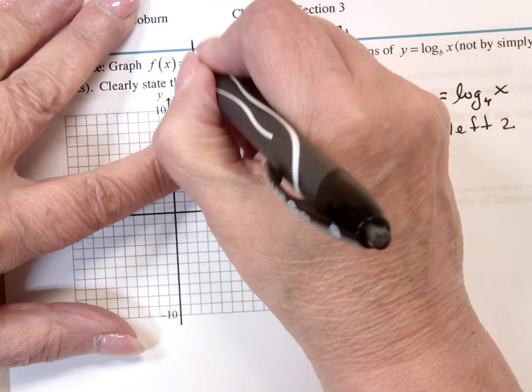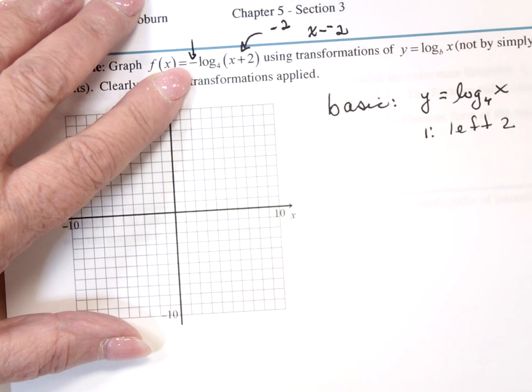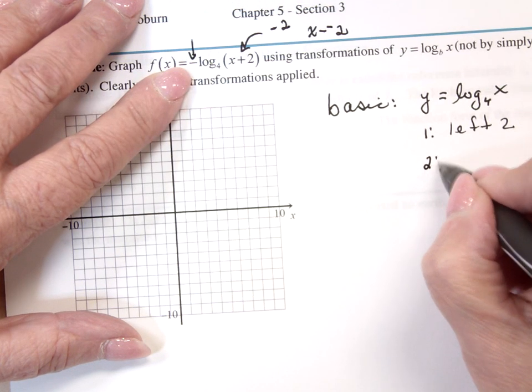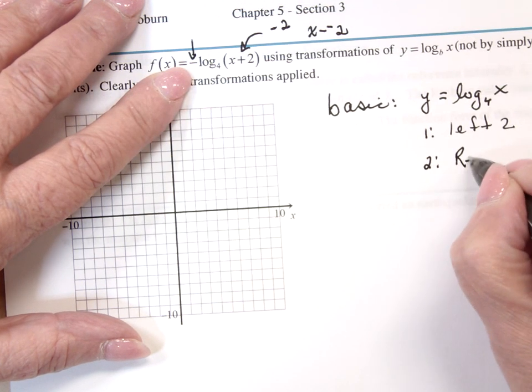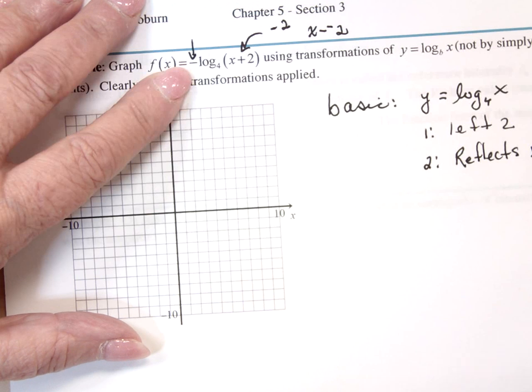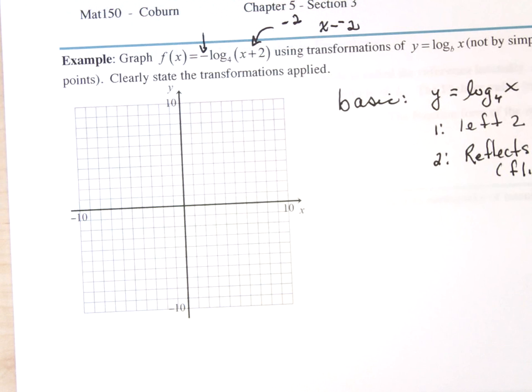I come to the outside, and what does this thing do? He flips it, and so we say he reflects across the x-axis. Or you could say he flips, but you're going to have to put x-axis in there, because you could have flipped across the y.